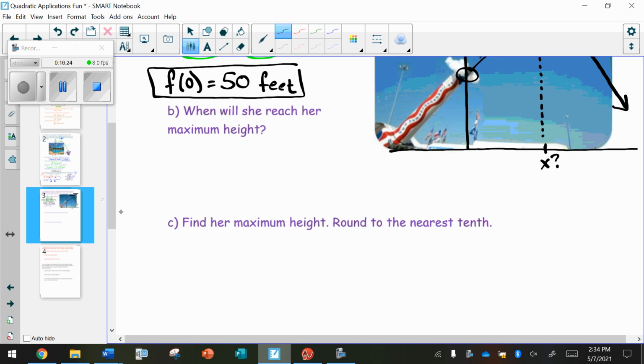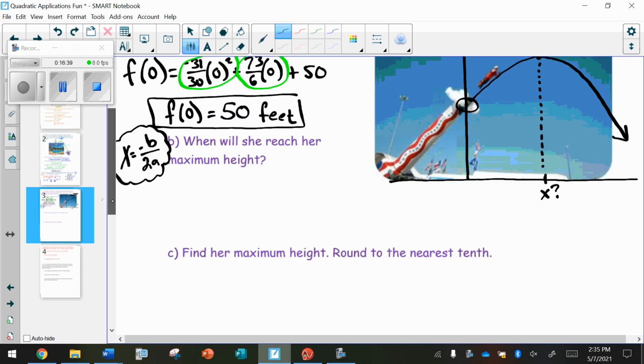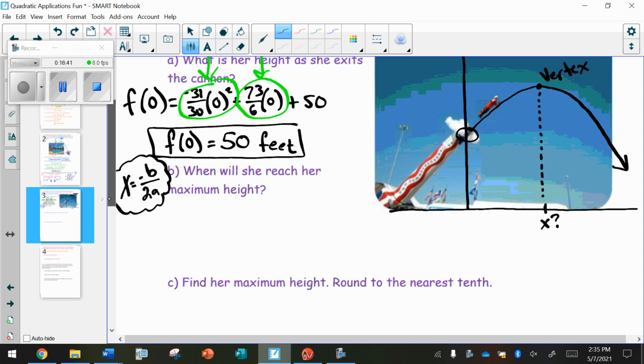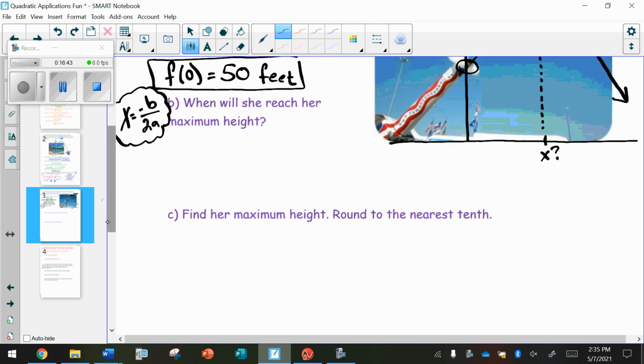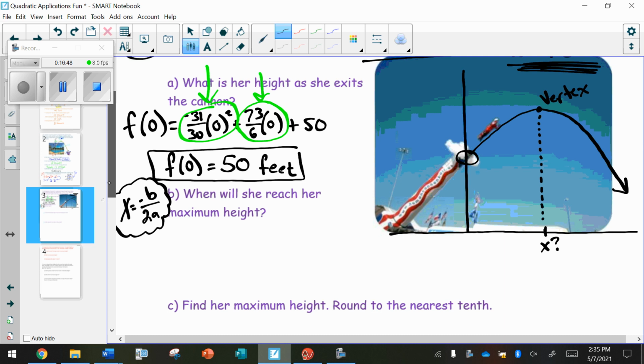That magical formula was x equals negative b divided by 2a. That was the formula for how to find the axis of symmetry of the parabola. So when will she reach her maximum height? Her maximum height will be at the axis of symmetry.